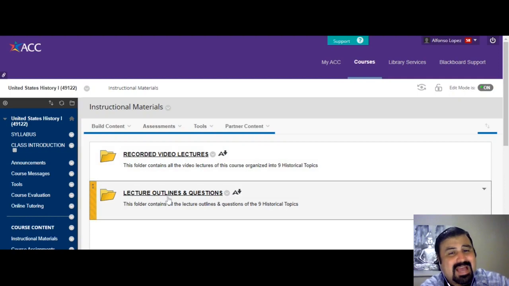The lecture outlines are the outlines to the topics. So if I talk about Native American history, culture, and religion, you're going to see the outline on the screen as I'm actually giving the class, you're going to see bullet points and maps and the like. You say, okay, so where can I find those outlines that I was looking at when he was giving the lecture? They're right here in the lecture outlines and questions.